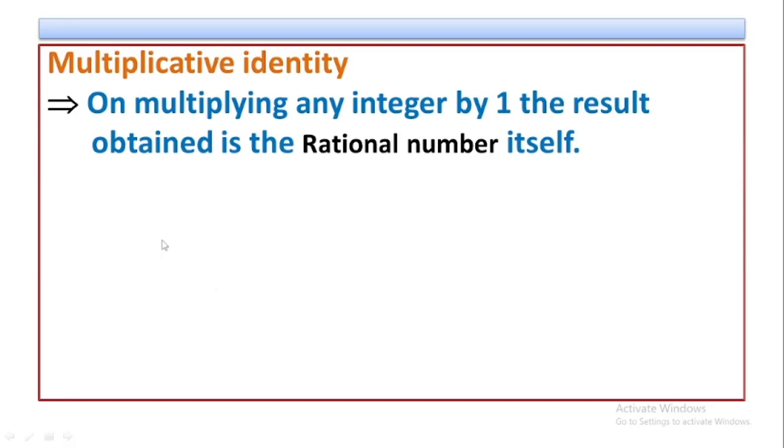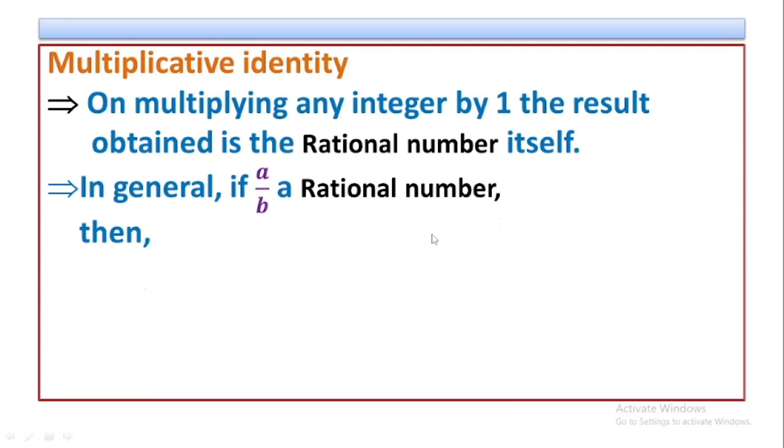Multiplicative identity: on multiplying any integer or any rational number by 1, the result obtained is the rational number itself. In general, if a over b is a rational number, then if we multiply a over b by 1, the result will be the number itself.